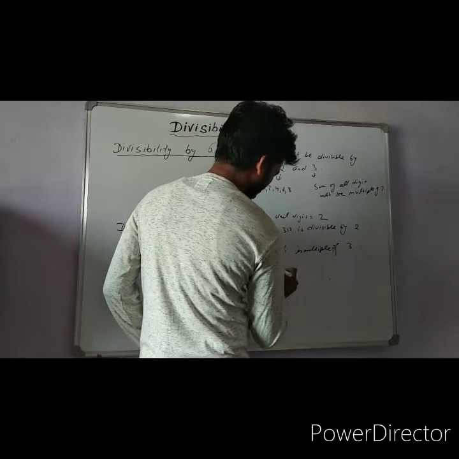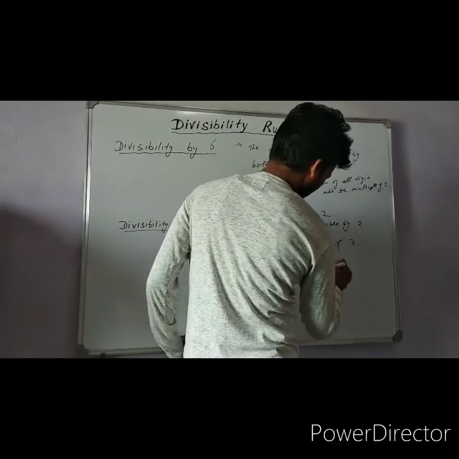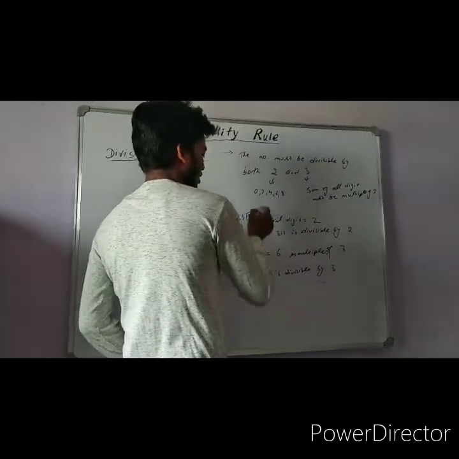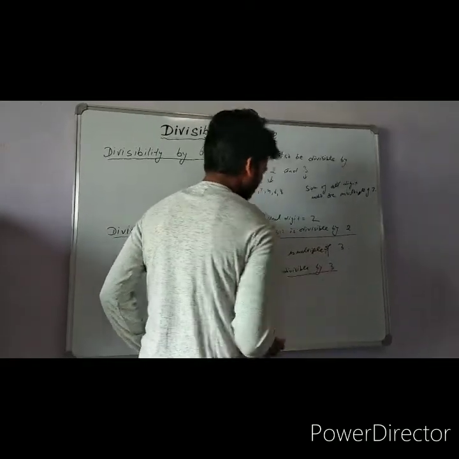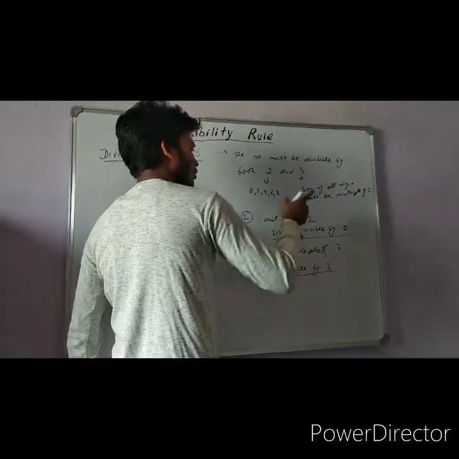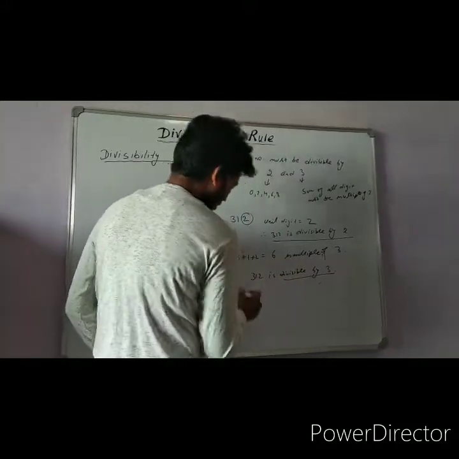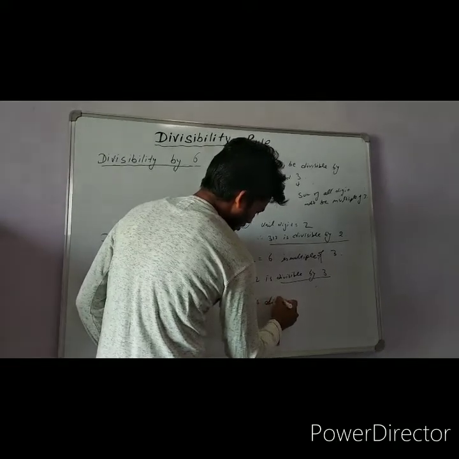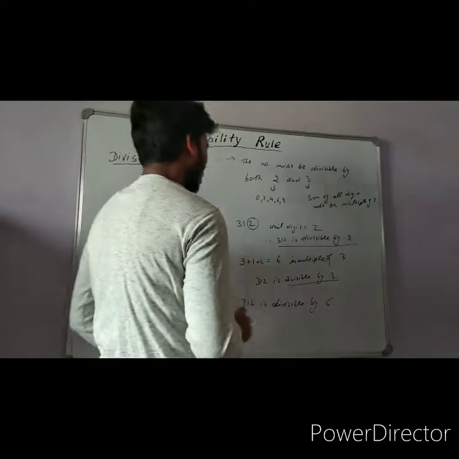Therefore 312 is divisible by 3. So see here, 312 is divisible by 2 and also divisible by 3. Means 312 is divisible by both 2 and 3. So 312 is divisible by 6. This is the rule.